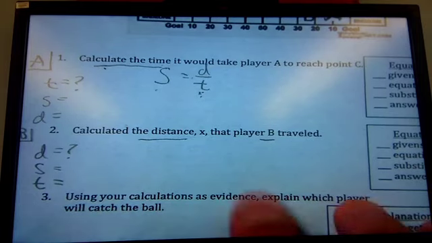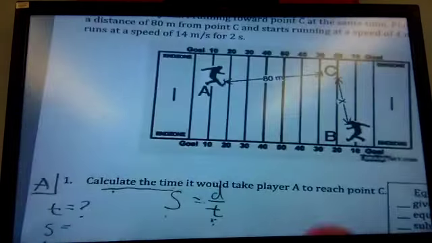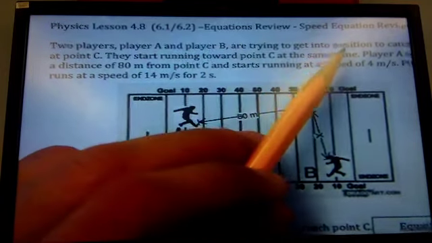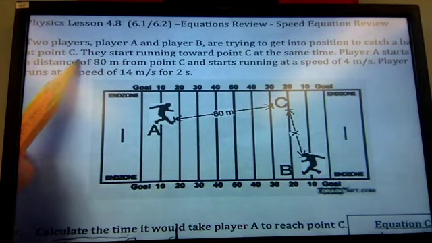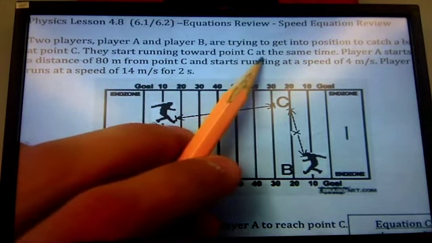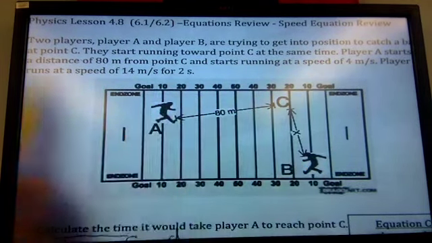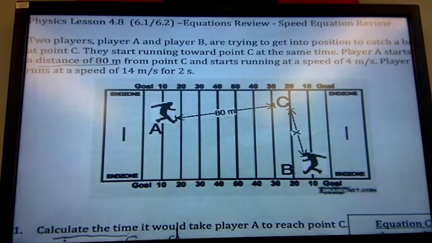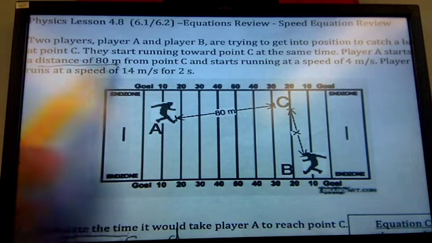Looking through the prompt, it says that two players, A and B, are trying to get into a position to catch a ball at point C. They start running towards point C at the same time. Player A starts at a distance of 80 meters. This is a given, I can see because it has distance and the measurement.